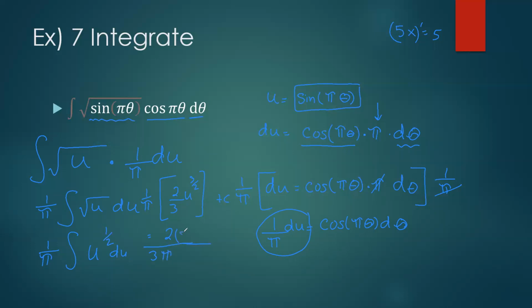My u is sin of pi theta, raised to the 3/2, plus c. Okay, so that one's a little bit trickier. Go ahead and pause, absorb. We're moving on.